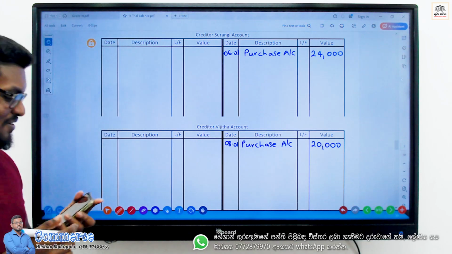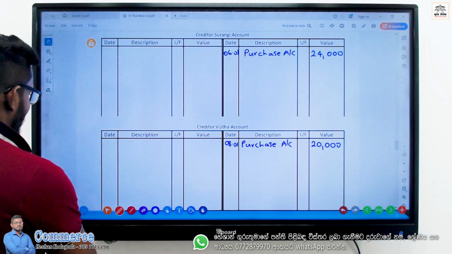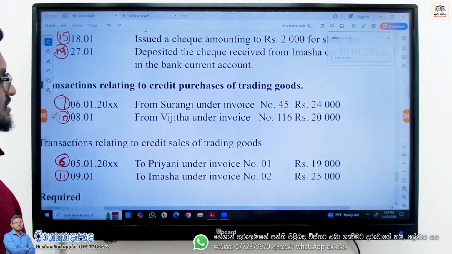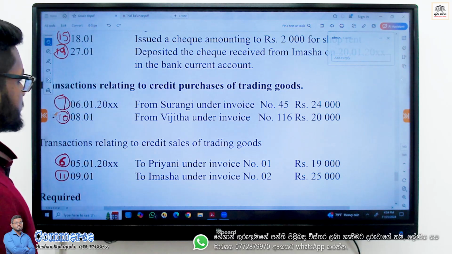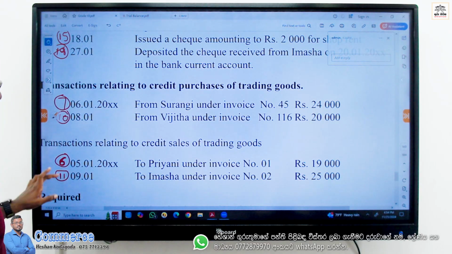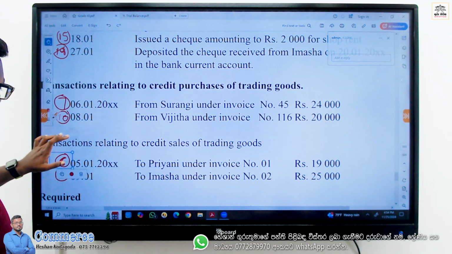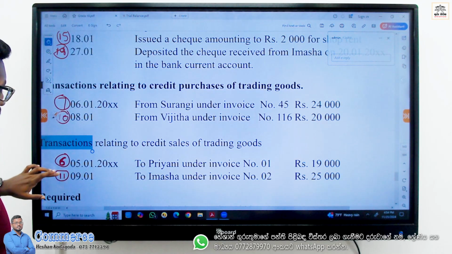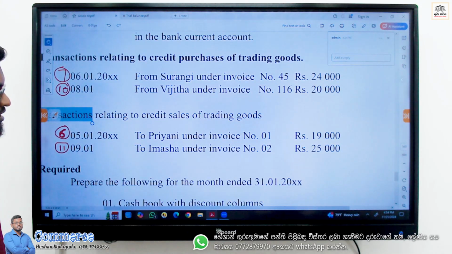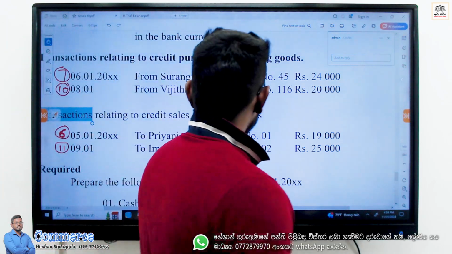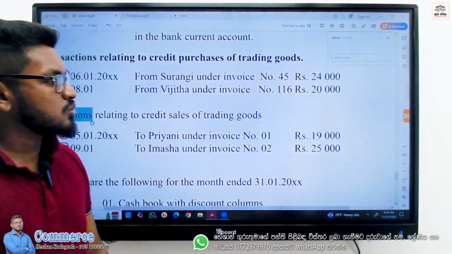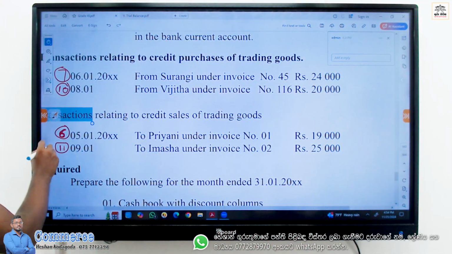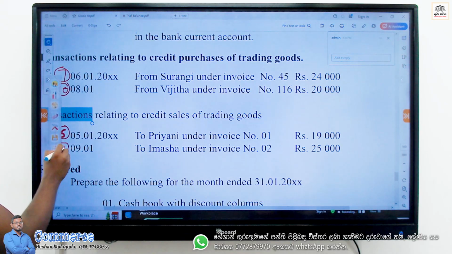Right. Okay. Next one. So 10 done. Now the 11th one. What is the 11th one, guys? You can see 9th of January. Sales to Imasha under invoice number 2, 25,000. Quickly go to the sales journal. 9th of January.